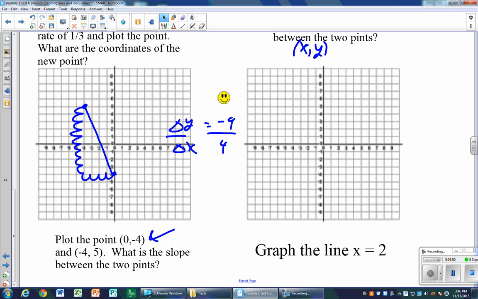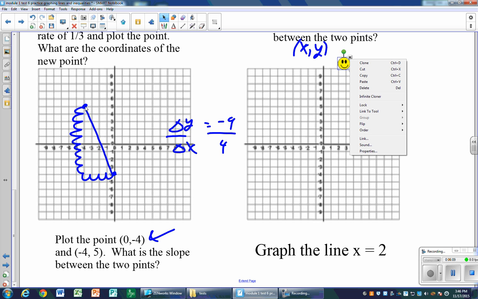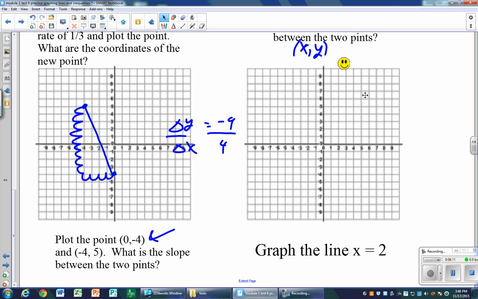So there it is. Graph the line x equals 2. Now, you might say x is 2 right there, and it is. Well, guess what? This is the point x is 2, y is 2.